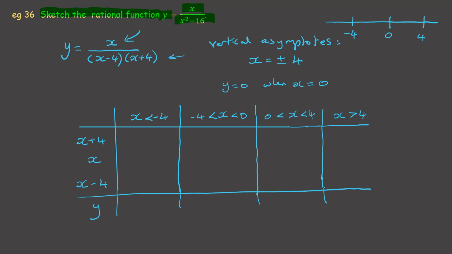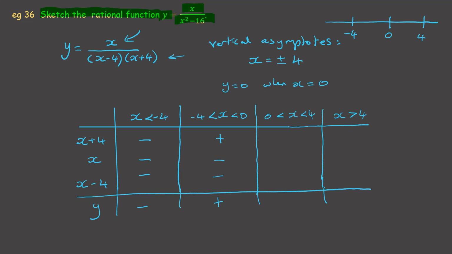So to the left of negative 4, all three of those are negative. And negative times a negative times a negative, or it doesn't matter because dividing does the same thing as multiplying in this sense, that's going to be negative. But once I'm in negative 4 to 0, this one becomes positive. This one is negative, this one's negative. So overall the function is positive.